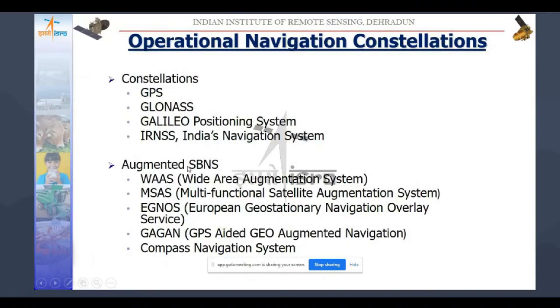In India, we transmit this information to GSAT 8 and GSAT 7, which are geostationary satellites. From there, it is transmitted again to the receiver.